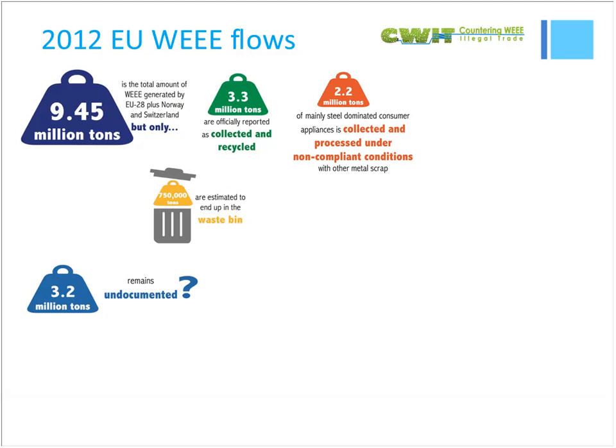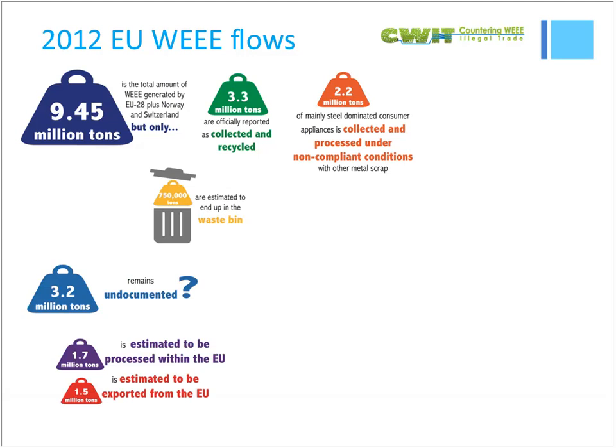However, we have also been estimating what is happening with this amount. The numbers are less certain than what you see on top. But we estimate that slightly over half of this is also processed within the EU, and that around 1.5 million tons is exported from the EU to Africa, but also to Eastern Europe and to Asia.